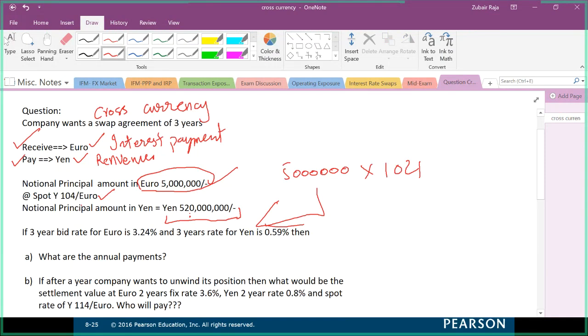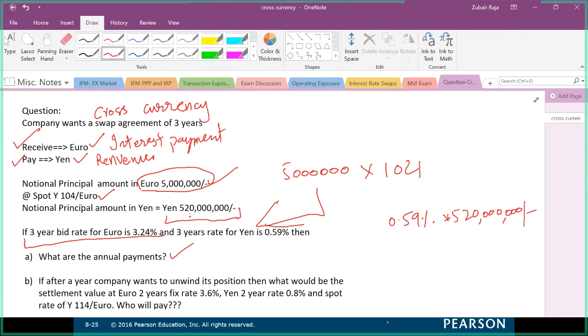So 5 million euros. Now say the 3 years bid rate for euro is 3.24 and the 3 years rate for the yen is 0.59, then what are the annual payments? So how do we find the annual payments? The party will be paying the yen on 0.59% multiplied by 520 million, right?